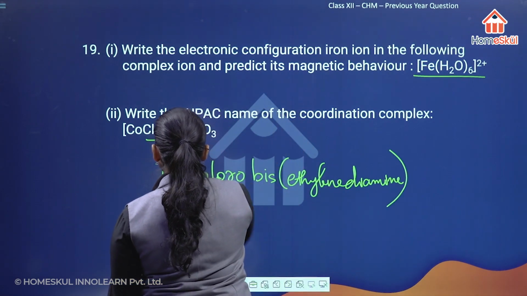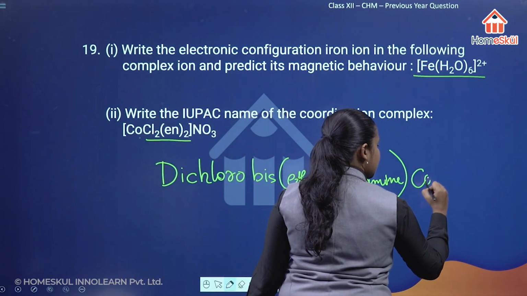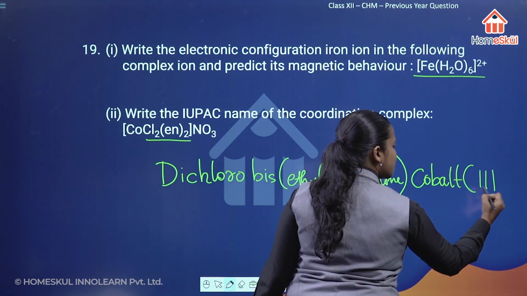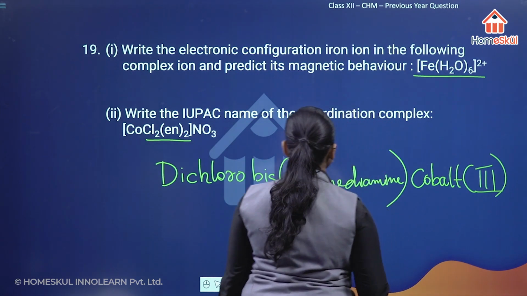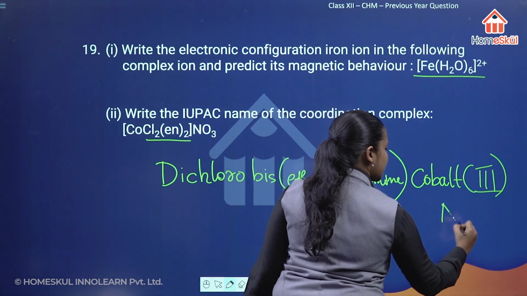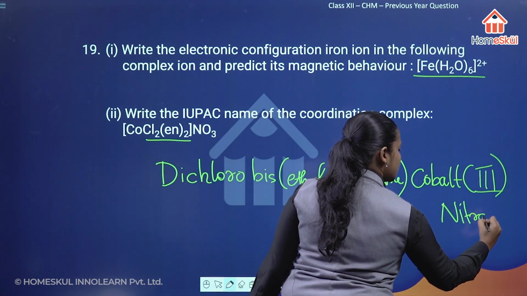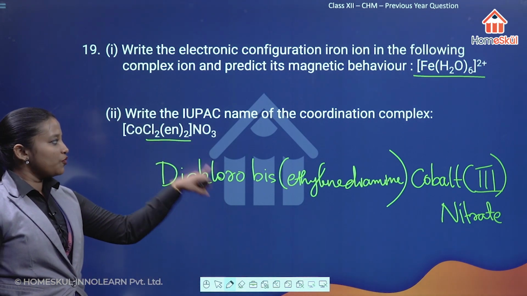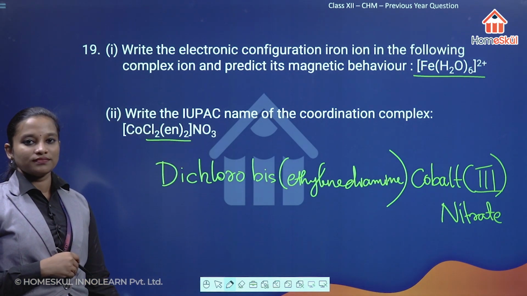Now we have to specify the central metal ion, cobalt, with its oxidation state in Roman numerals: cobalt(III) nitrate, nitrate being just the counter ion.